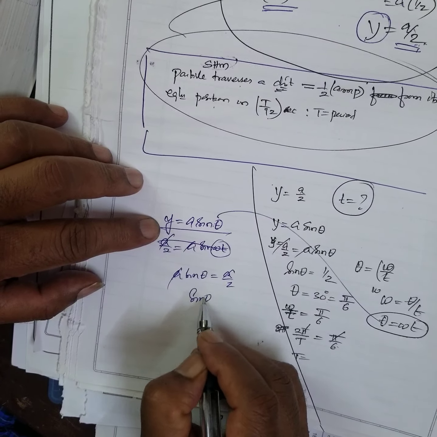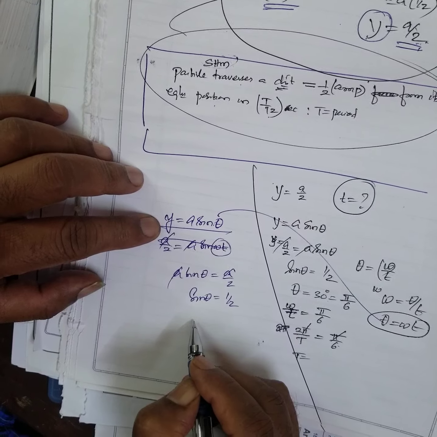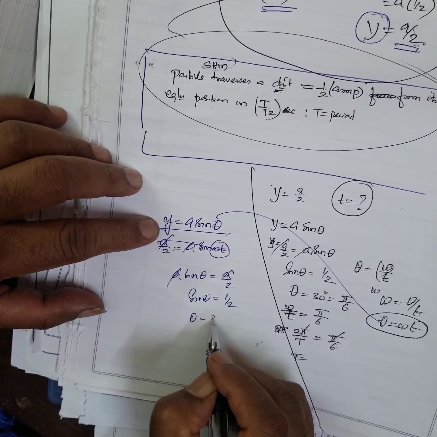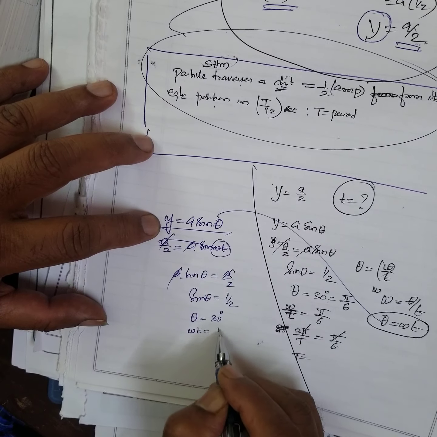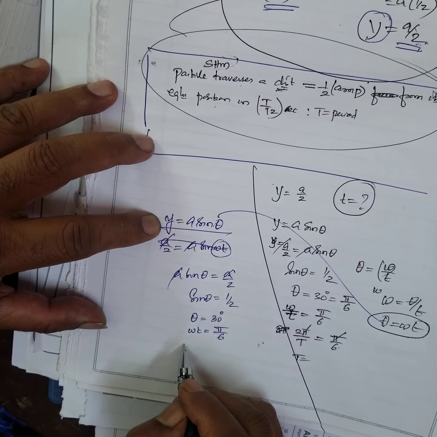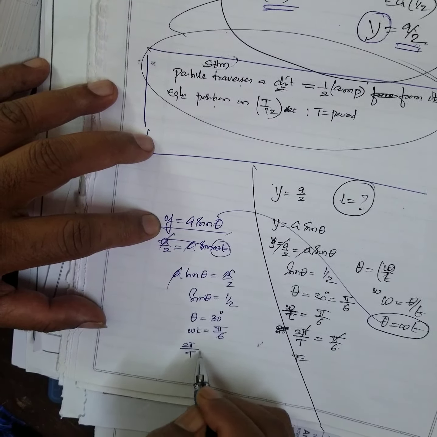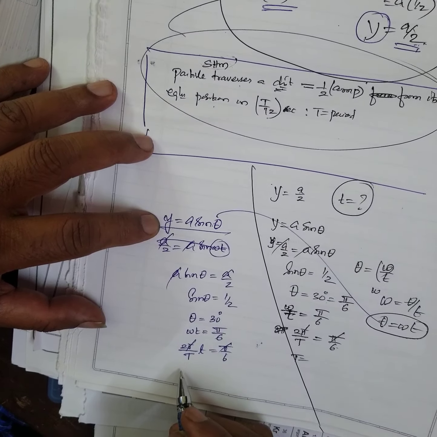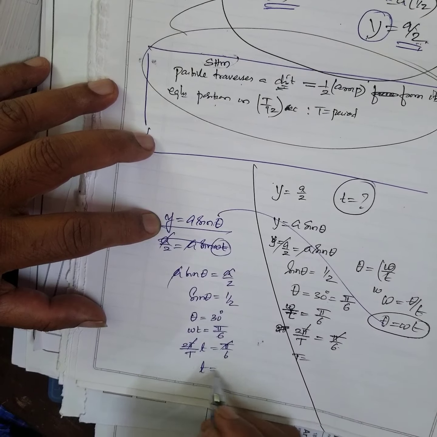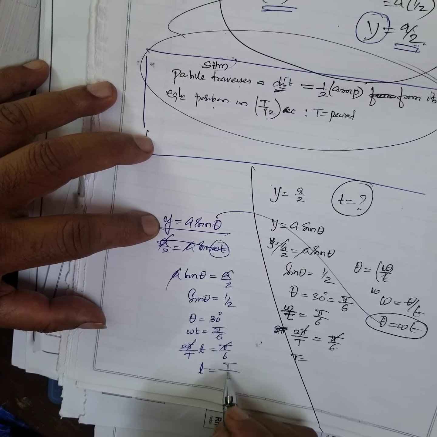Sine theta is equal to half. Therefore, theta is equal to 30 degree. Theta is equal to omega t is equal to pi by 6. Omega is equal to 2 pi by T. Pi gets cancelled. T is equal to T by 12.